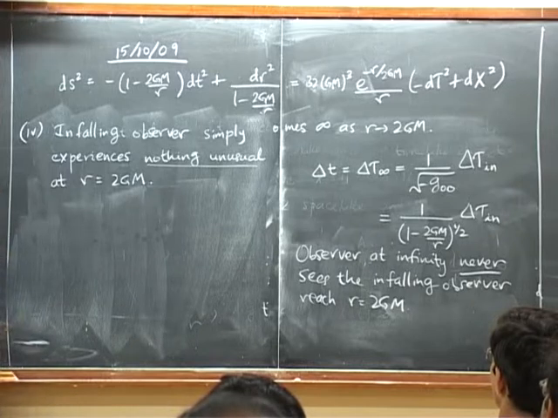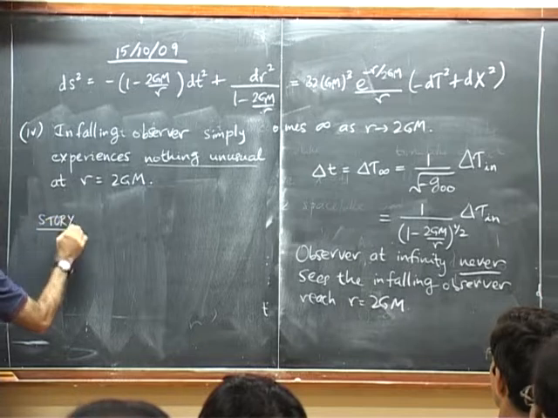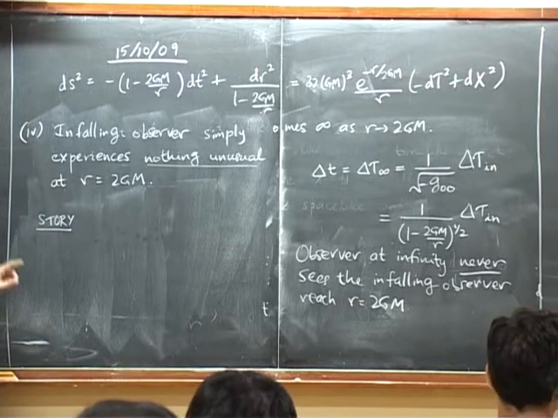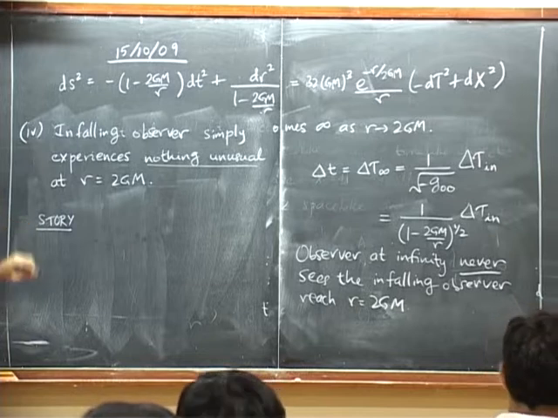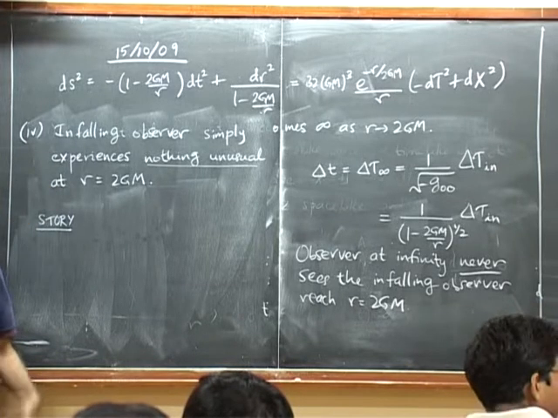Okay. Now at this point, I will tell you a little story, but after the story, I will tell you why it's a bad story. Anyway, I heard this story from one Maldacena, and it's a way that in public lectures you explain the presence of a horizon to the general public.